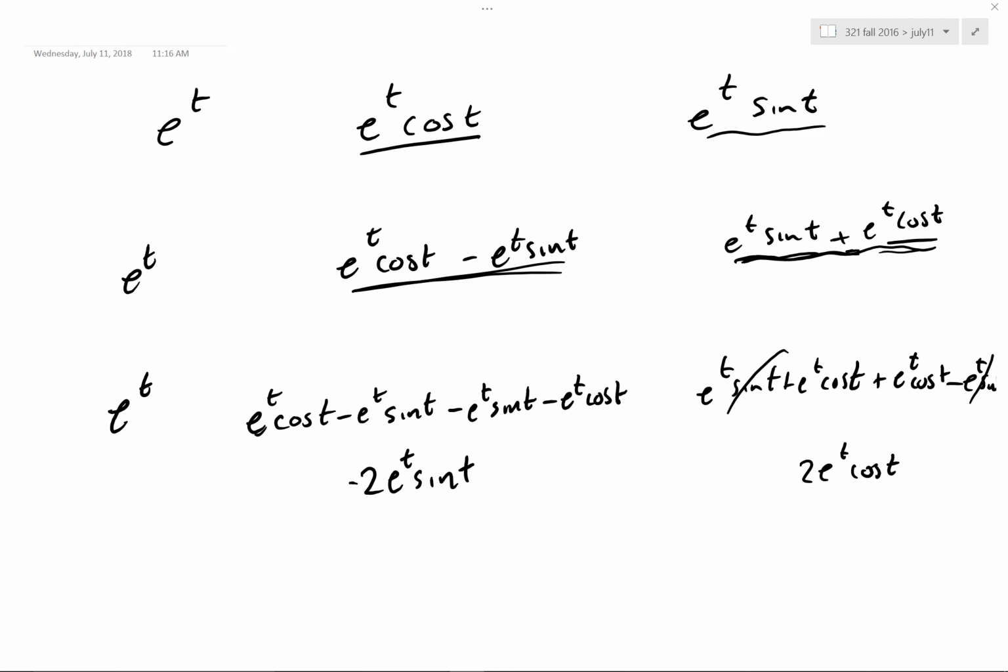So if you distribute that, you get negative 2 e to the 3t sine squared t. Oh, it's actually going to be positive 1 because there's 2 of them here and 1 of them there. I didn't catch that. No, it's going to be negative 1. And then it's going to be minus e to the 3t sine t cosine t.